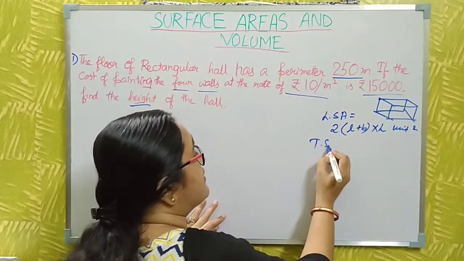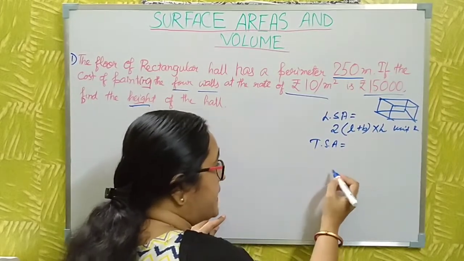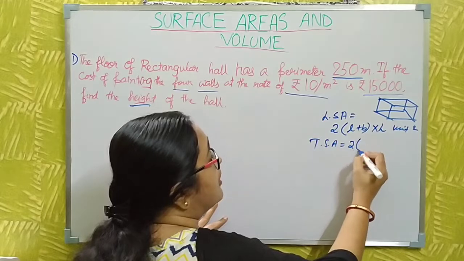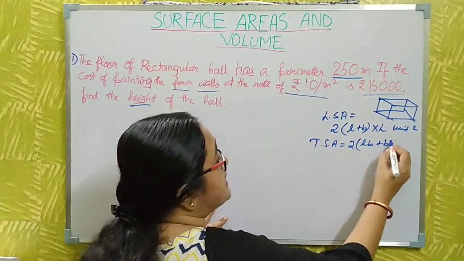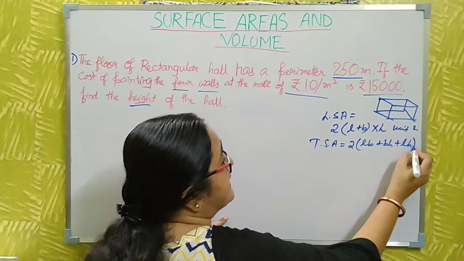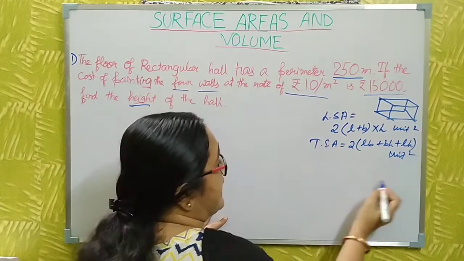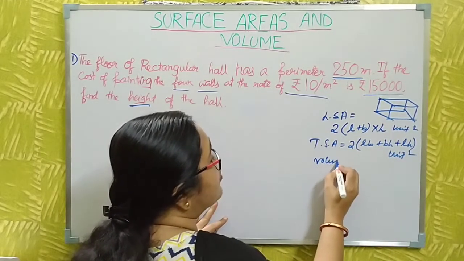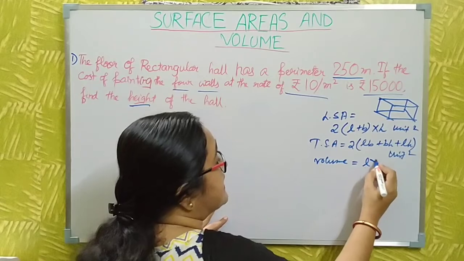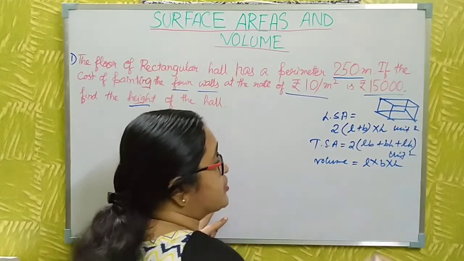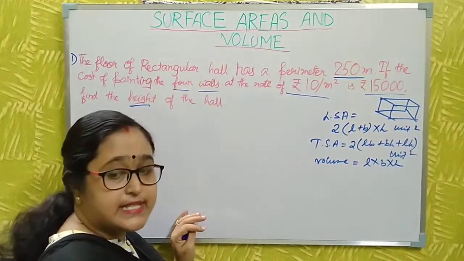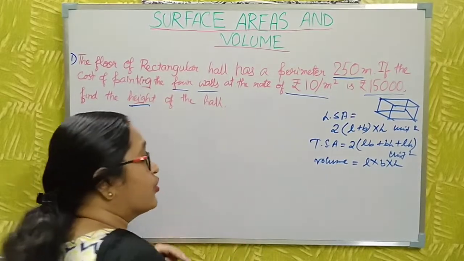The total surface area of a cuboid is 2 (LB plus BH plus LH), unit square. And the volume of a cuboid is L into B into H. I also discussed the cube.